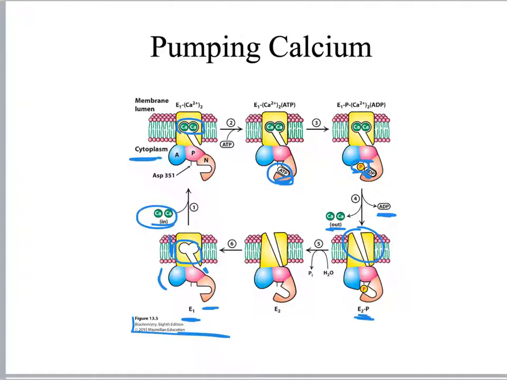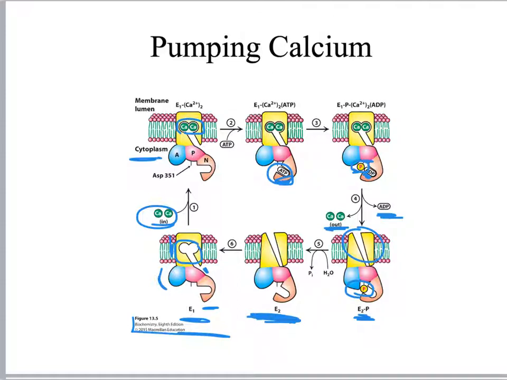We're in the E2 state here. So once we're in the E2 state, we release the ADP and we release the calcium. The last thing we need to do is release that inorganic phosphate. Once that's released, the E2 state can revert back to the E1 state, and we can start the process all over again.